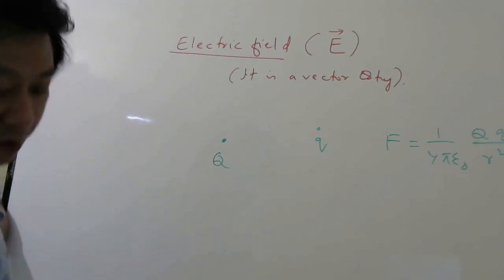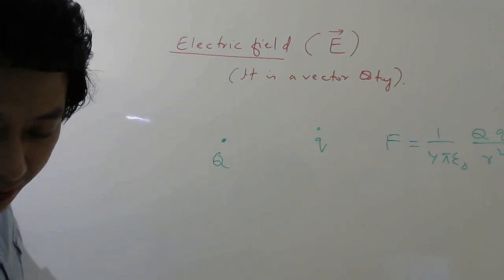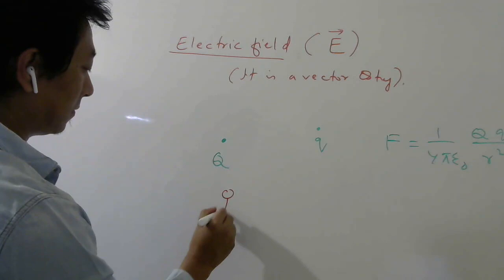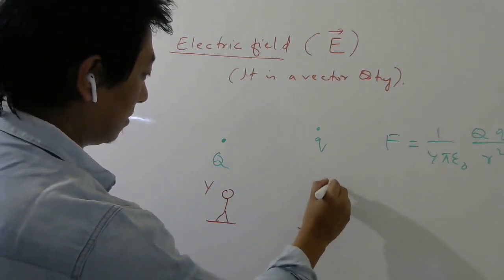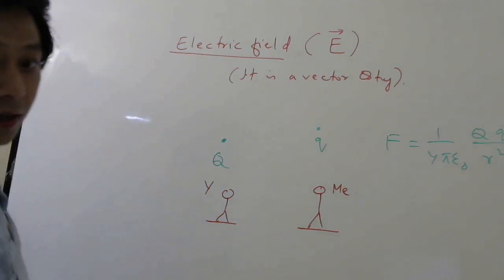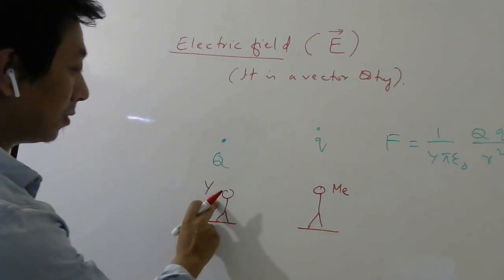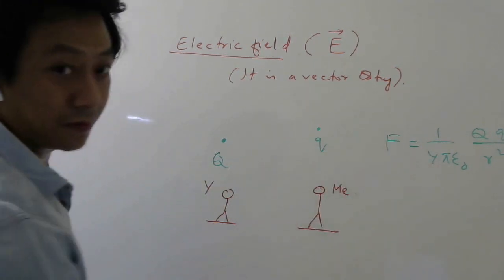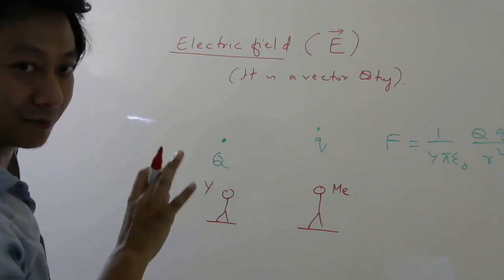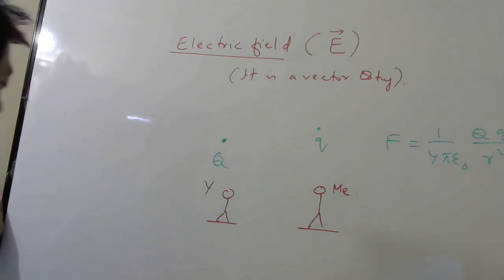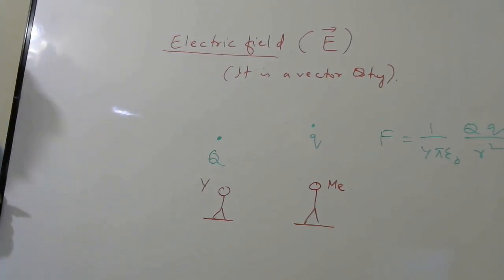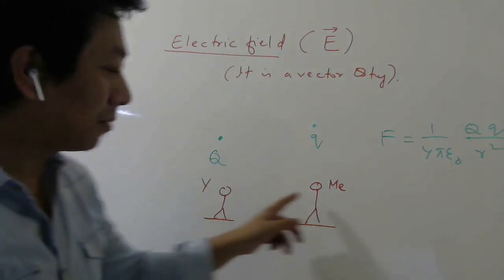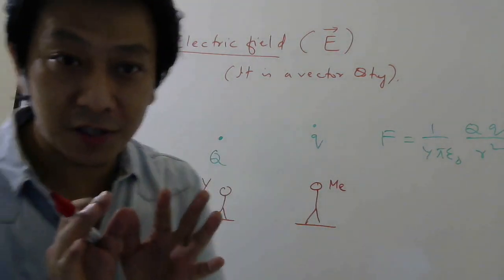Imagine, students, that you are standing here and I'm standing here, and I say that you are able to apply force on me directly. How do you feel about that? Suppose I say you are able to push me. Push is a force, right, in physics?